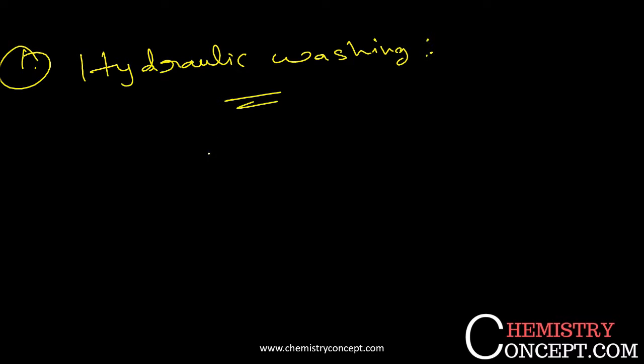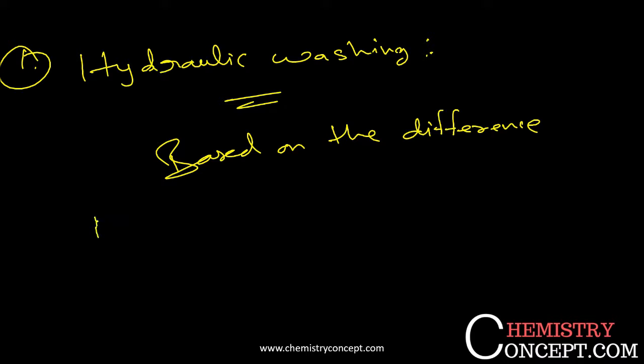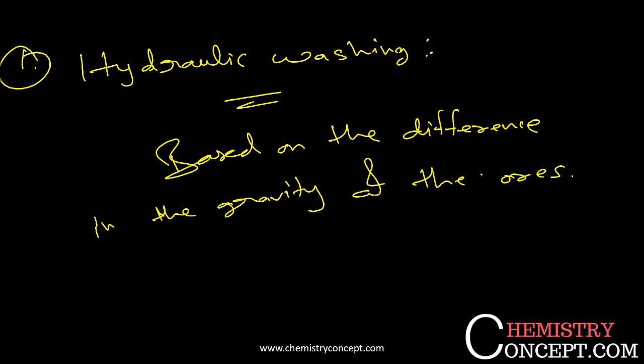In this method, it is based on the difference in the gravity of the ores. Suppose we have a mixture of two or more compounds, so each and every compound will be having different gravity, and based on this gravity we'll use this for the separation.